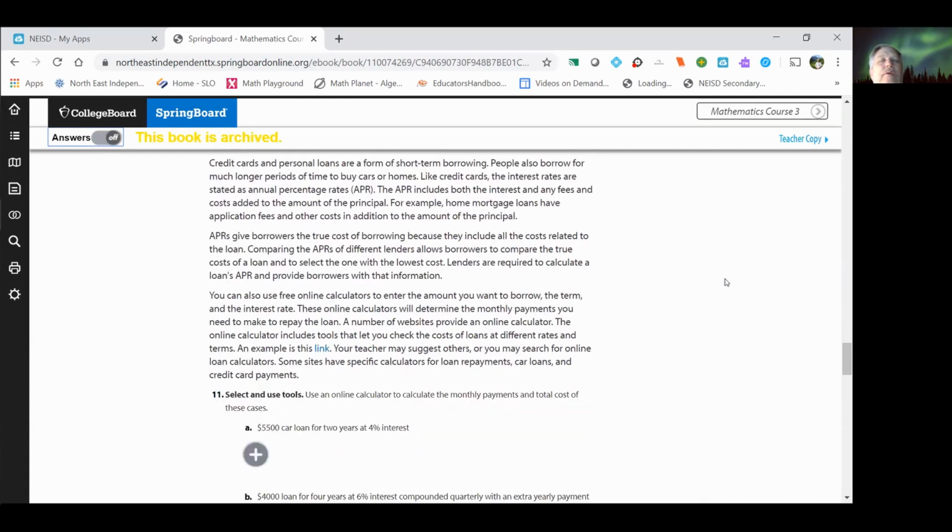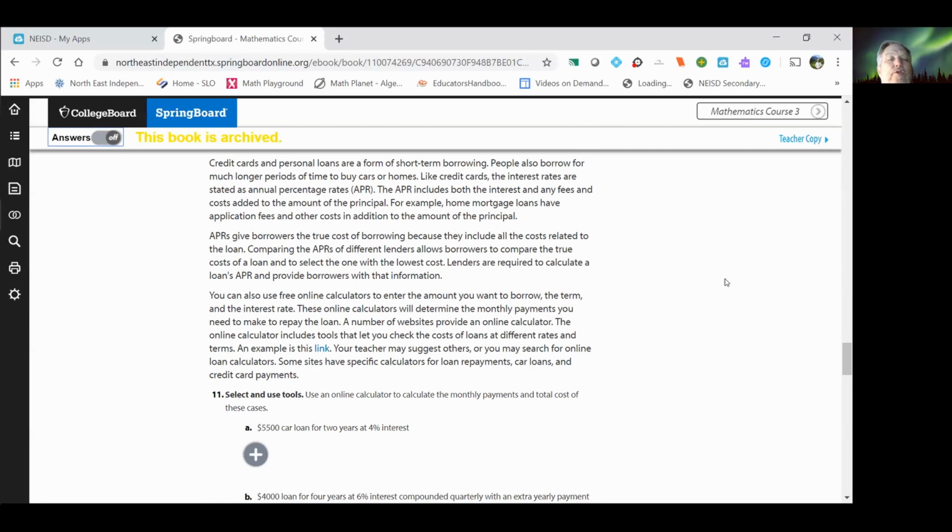Credit cards and personal loans are a form of short-term borrowing. People also borrow for much longer periods of time to buy cars or homes. Like credit cards, the interest rates are stated as annual percentage rate. The annual percentage rate includes both interest and any fees and costs added to the amount of the principal. For example, home mortgage loans have application fees and other costs in addition to the amount of the principal.